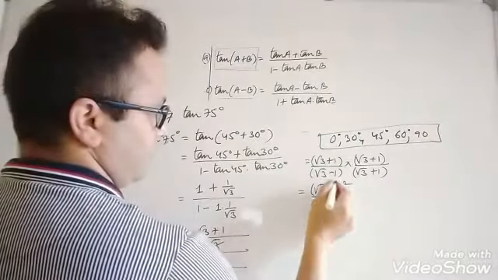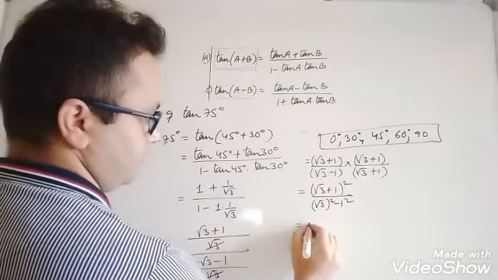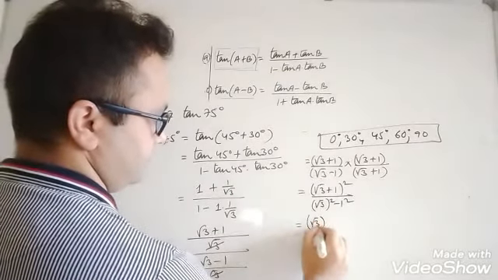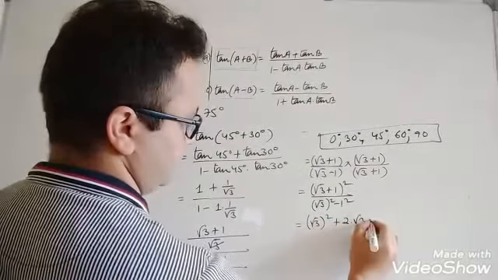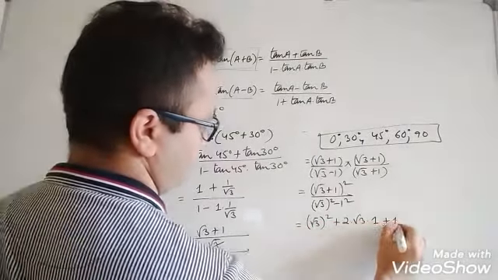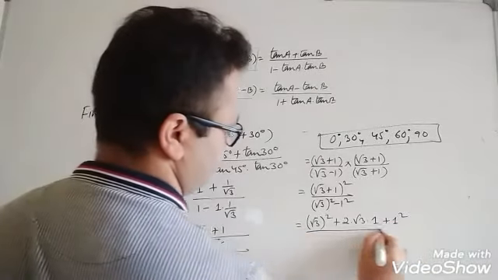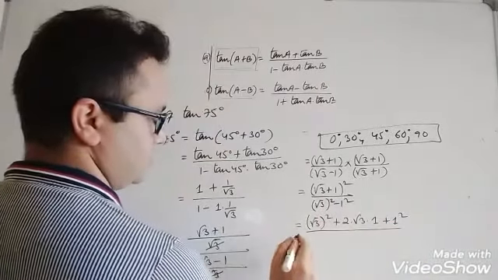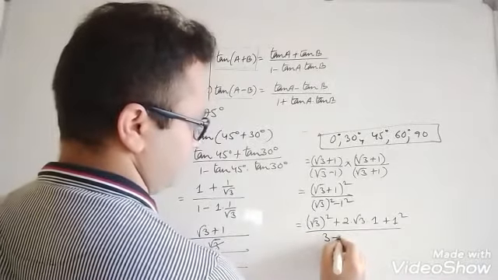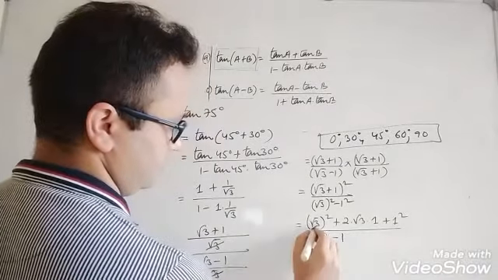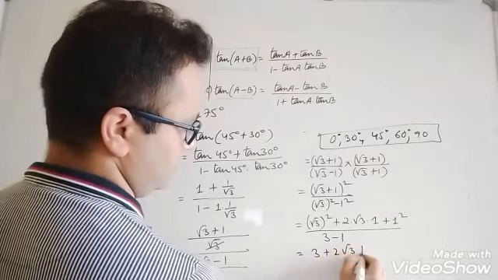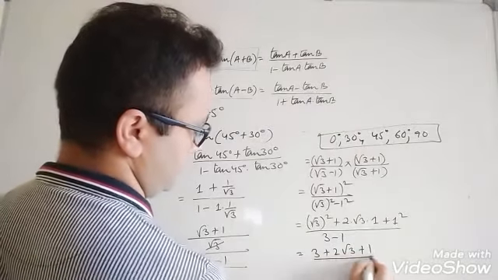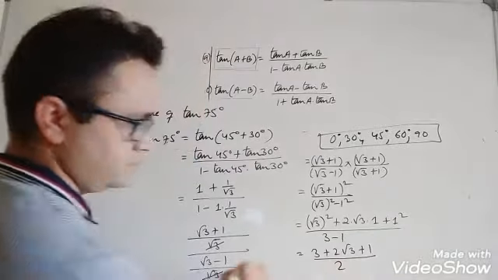Now put the formula (a + b)² is a² + 2ab + b²: root 3 squared is 3, plus 2 root 3 into 1, plus 1, divided by 3 minus 1, which is 2.